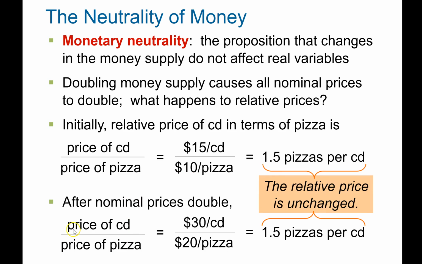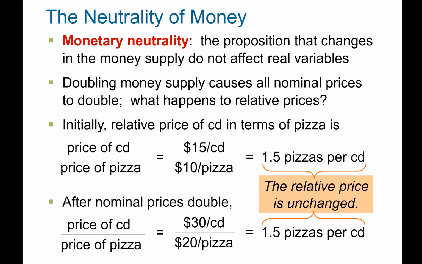The price of a CD divided by the price of a pizza is now $30 per CD divided by $20 per pizza, which gives us the same relative price. It is still 1.5 pizzas per CD. So the real variable given in terms of physical units of output is unchanged. So this gives us a really clear picture of this idea of monetary neutrality.